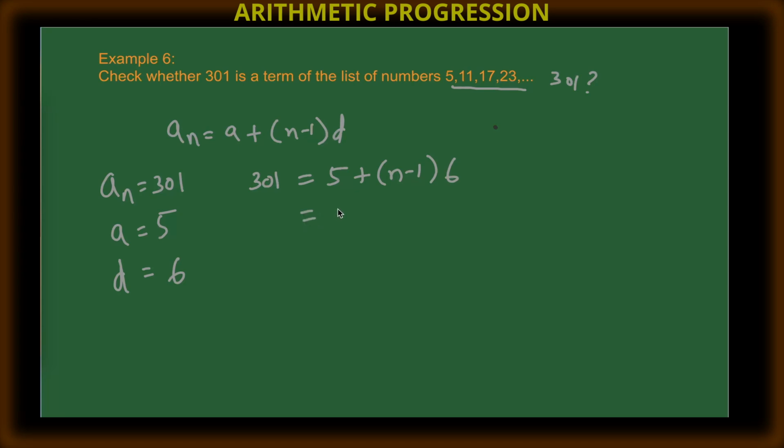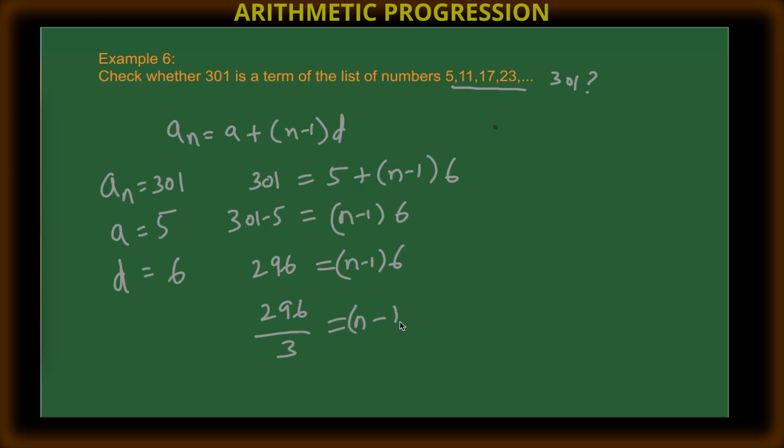So 301 minus 5 comes here, then n minus 1 into 6. It becomes 296 equal to n minus 1 into 6. So 296 divided by 3 is equal to n minus 1. Does 3 go? Yes, it goes: 148.